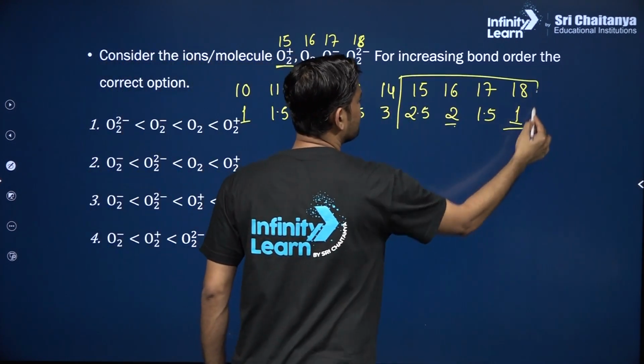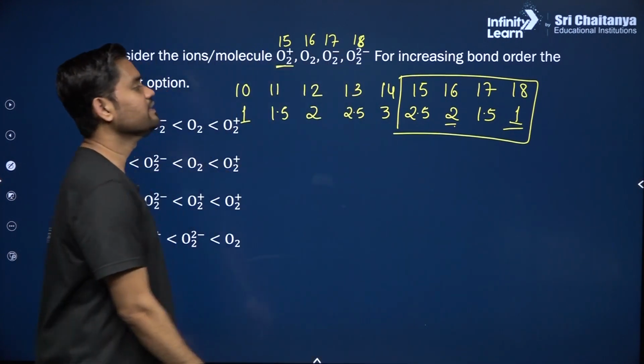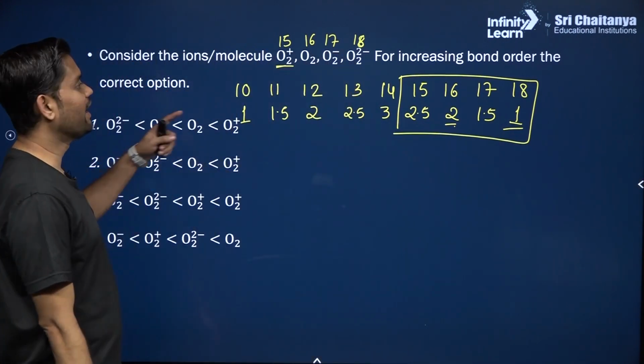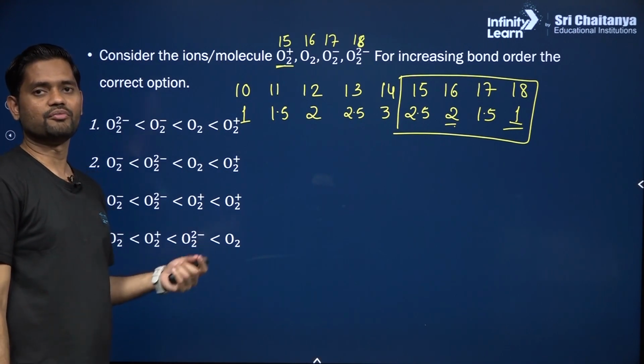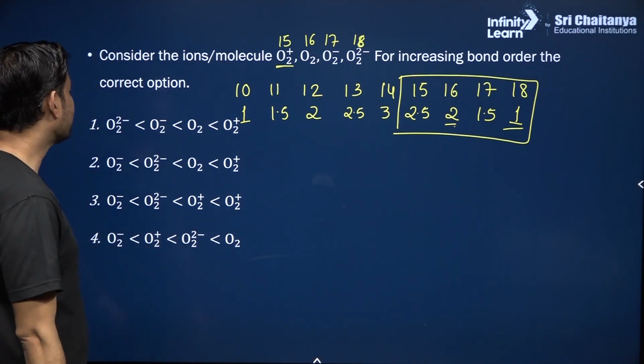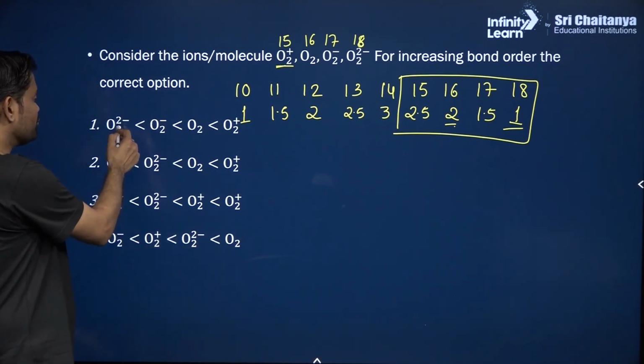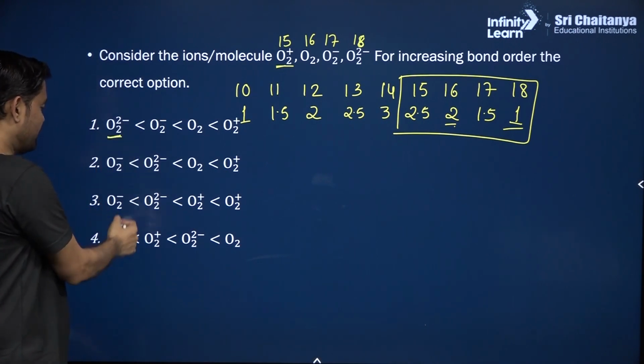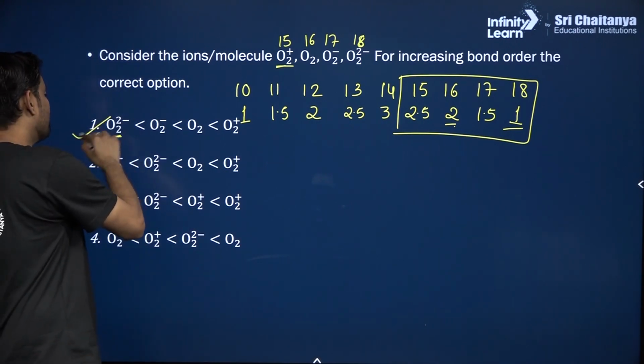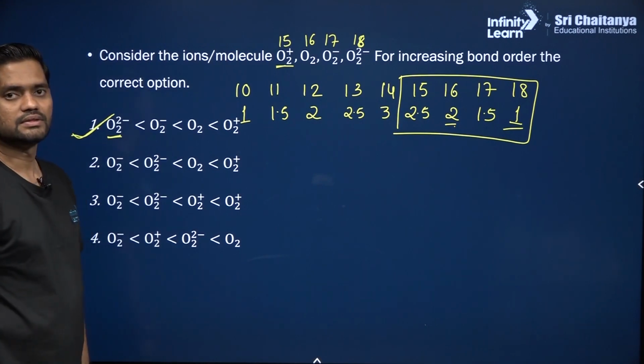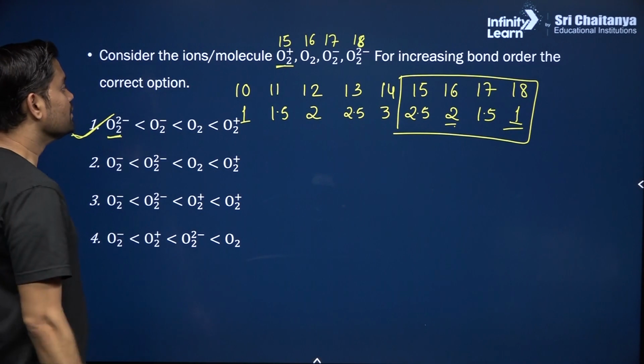This is the bond order. Okay, and what they have asked is increasing order from smallest to highest. So O2 2 minus ion will be coming first. Rest is O2 minus ion and hence we'll go with option 1. Clear? Got it? Sure.